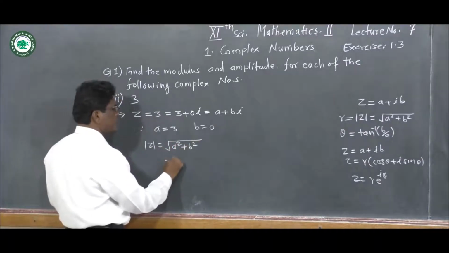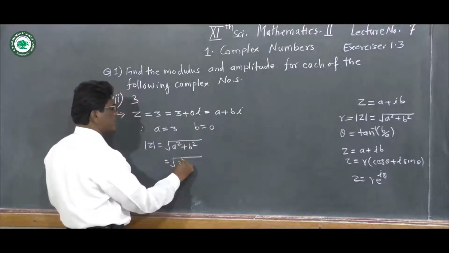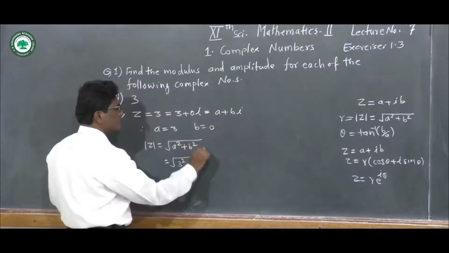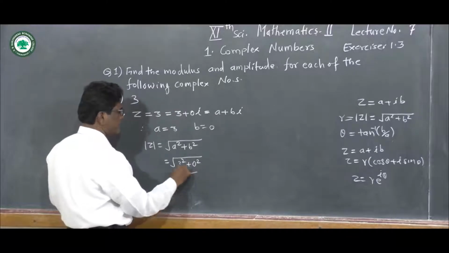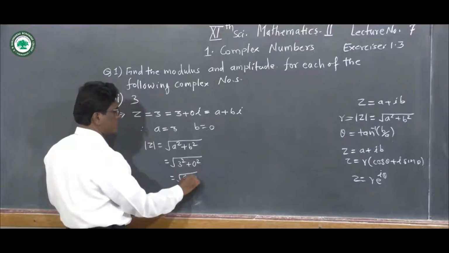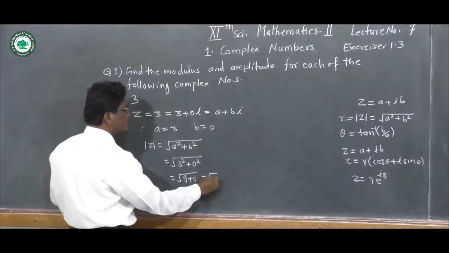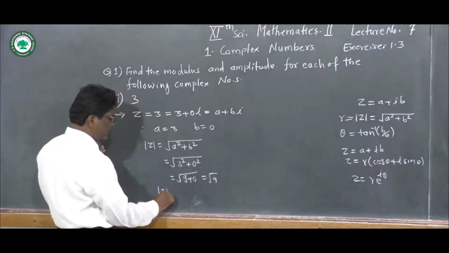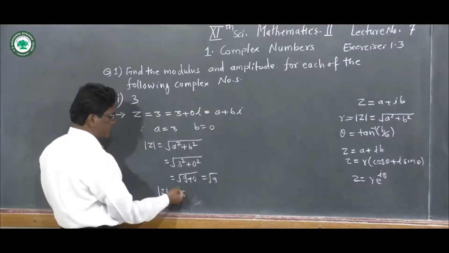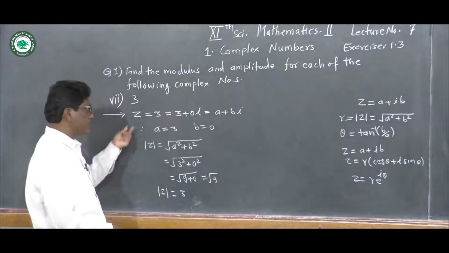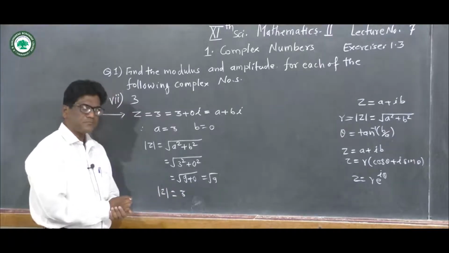So it is equal to under root of 3 square plus 0 square, and it is equal to 3 square, that is 9, and 0 square is 0. So it is equal to under root of 9. So mod of z is equal to square root of 9, which is 3. So the magnitude of this complex number is 3.